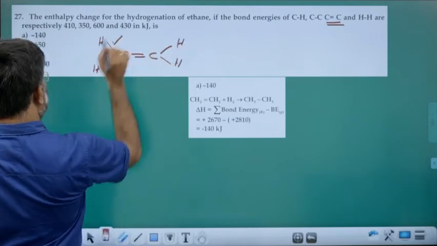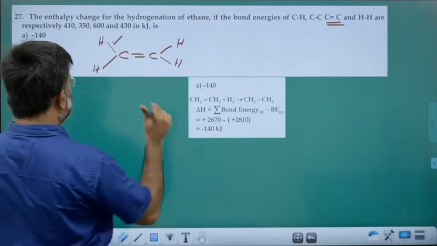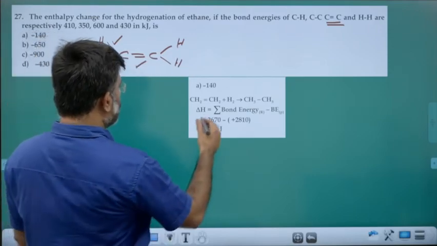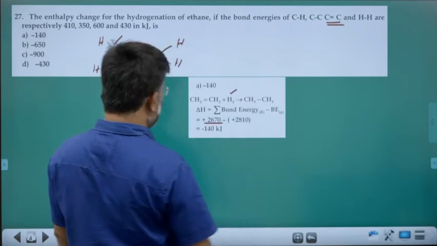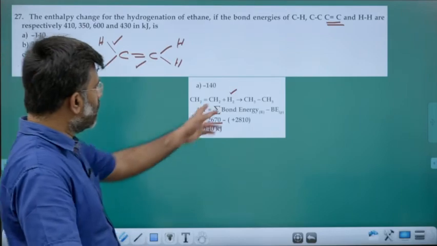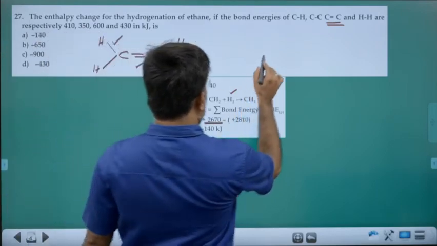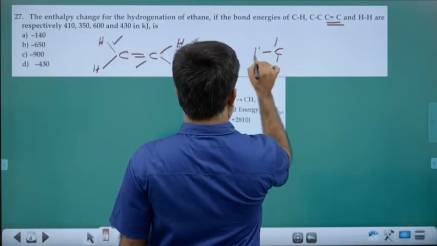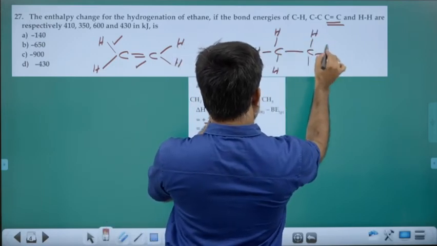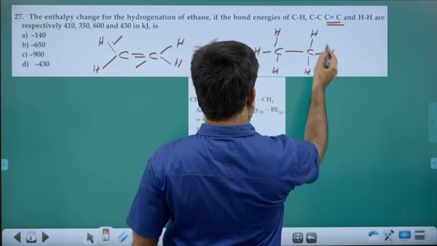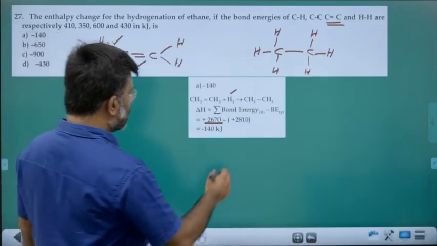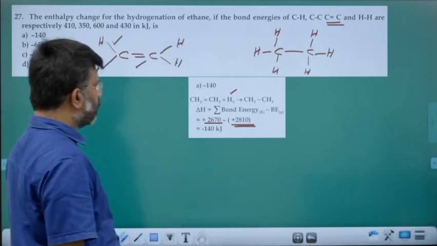So you need CH data 4 times plus CC double bond data 1 plus HH data, that is 2670. And now what is on the product side? CH3, CH3, isn't it? So CH data 6 times and CC data 1 times, and that sum value is 2810.